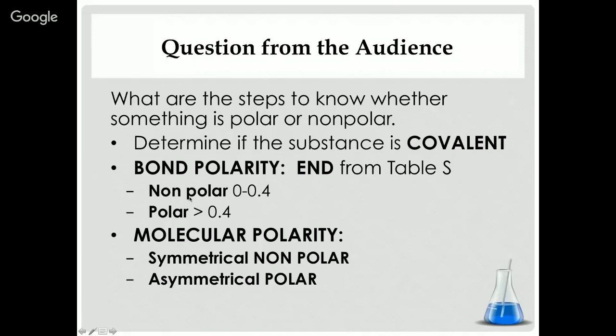Remember, nonpolar is an electronegativity difference from Table S of 0 to 0.4. And a polar covalent bond would be any electronegativity difference greater than 0.4. If they're talking about molecular polarity, that's the symmetry. If it's symmetrical distribution of charge, it's nonpolar. If it's asymmetrical, then it's going to be polar.